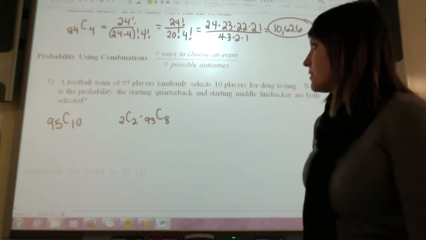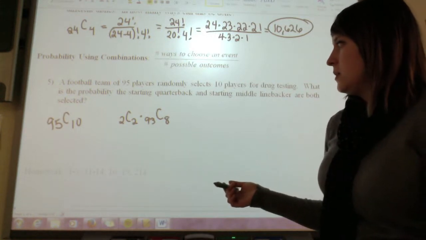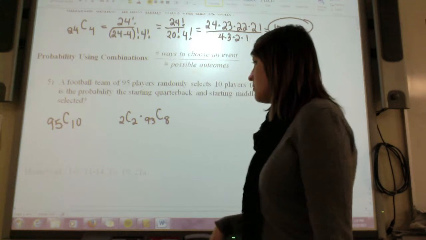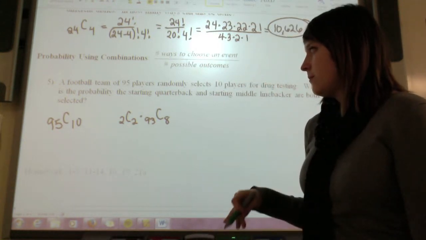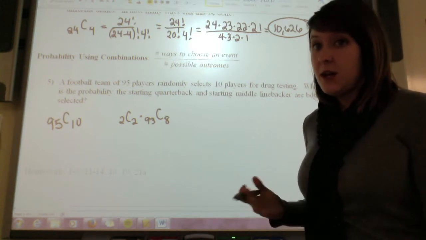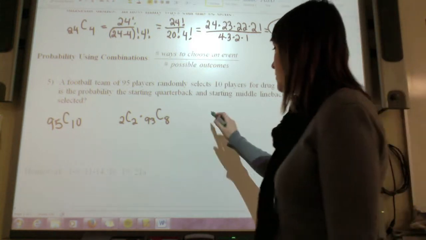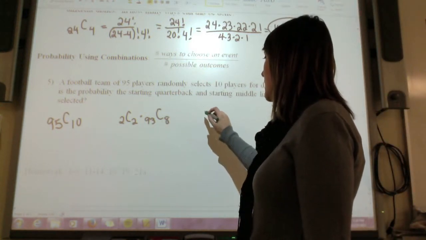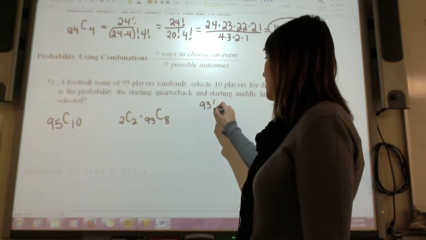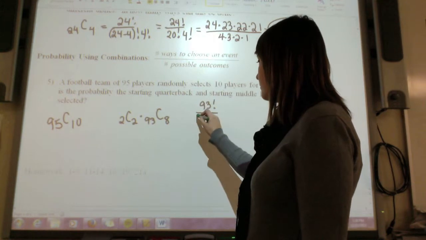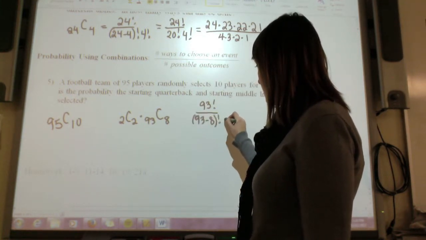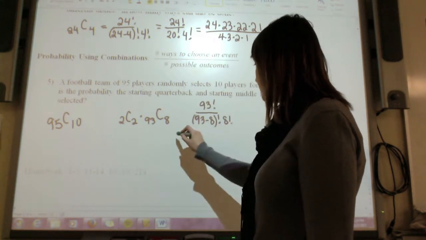Okay, so now if I want to simplify this probability, I've got this divided by this. I'm going to write them out and simplify them as if there were variables, again, because I'm trying to make you understand how to do it if you do run into variables. So this 93 choose 8 is just 93 factorial over (93 minus 8) factorial times 8 factorial.